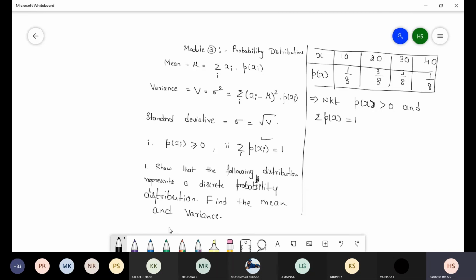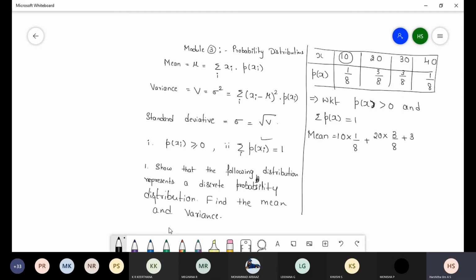So next, to find the mean. Here mean is equal to summation of xi and p of xi. What is the first value of x here? 10 into p of x value 1 by 8. Second value 20, p of x value is 3 by 8.